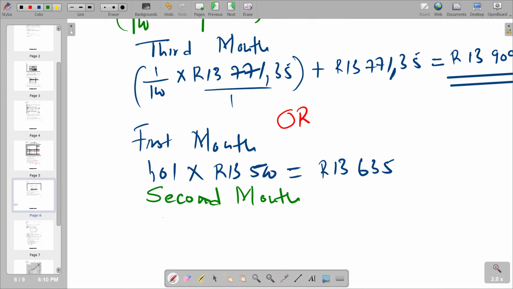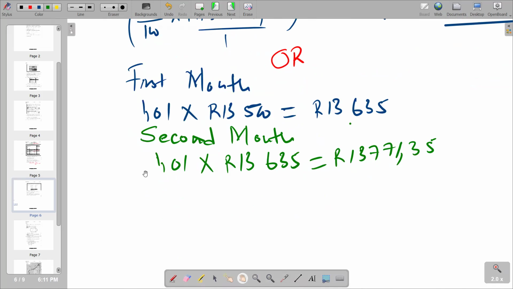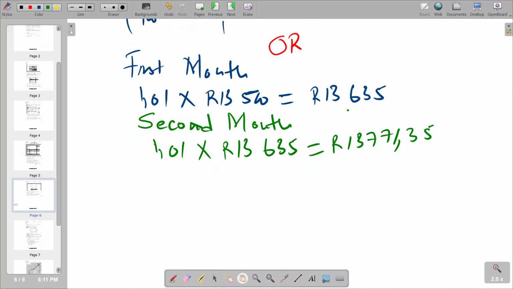We are saying again 1.01 times the total that we got for the previous month, which is 13,635. And the answer that you are going to get is 13,771 rands, 35 cents. Then lastly, we have the third month.